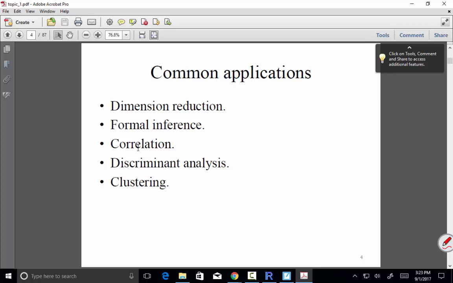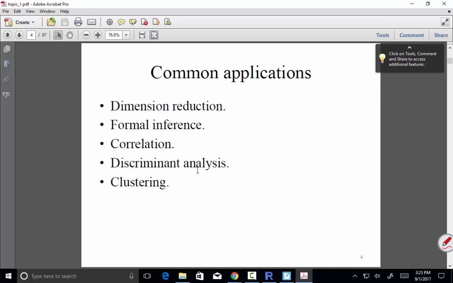Correlation, there are some specialized applications of correlation with multivariate data. In particular, we'll learn about canonical correlation. So we'll learn a lot about correlation. Discriminant analysis could also be called predictive modeling. I told you about this on Wednesday as well.